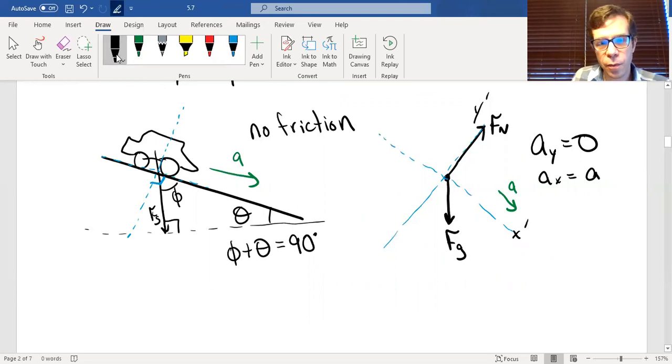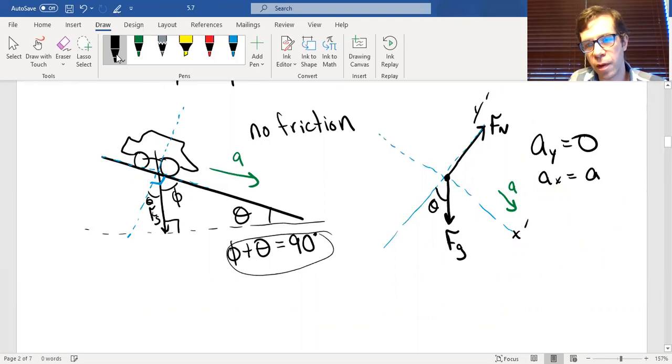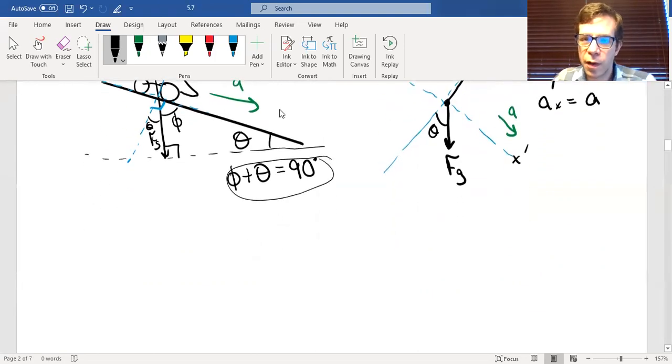And that relationship that these add up to 90 because they're shared angles inside a right triangle, well, these two add up to 90 because they're shared angles inside a right angle. So that means this angle is also theta. And on our diagram here, that corresponds to this angle. So now we can figure out our components for x and y, for the gravity.